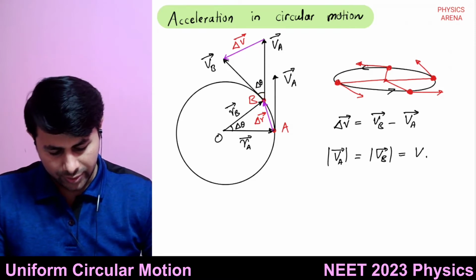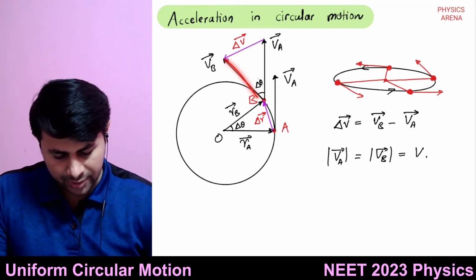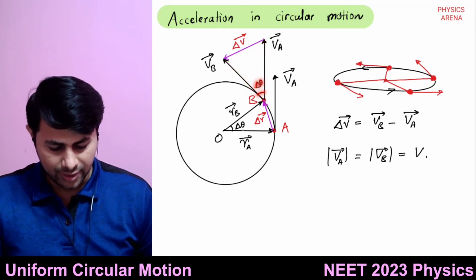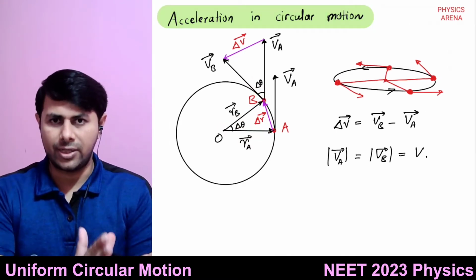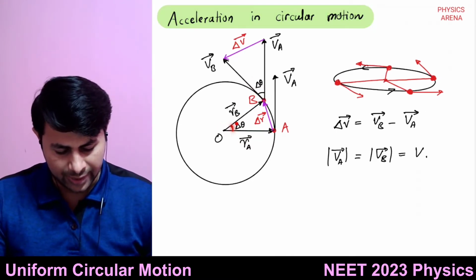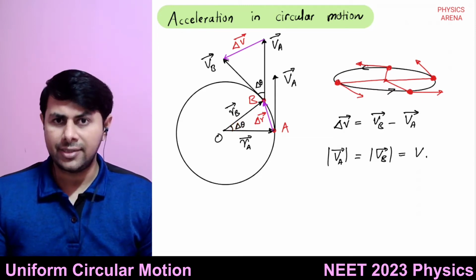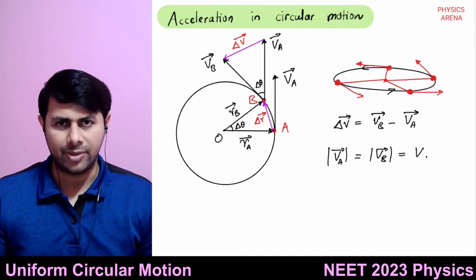Okay, so in this velocity triangle, this side and this side are equal, and the angle between them is delta theta. In the radius triangle, this side is equal to this side, both are radii, and the angle between them is also delta theta. So by the SAS test, these two triangles are similar.